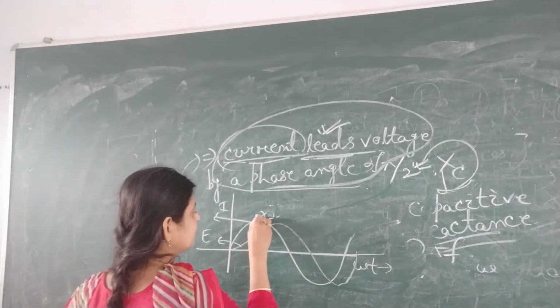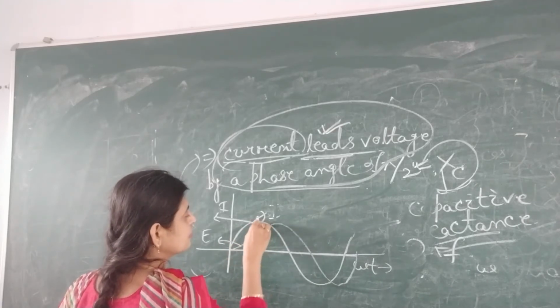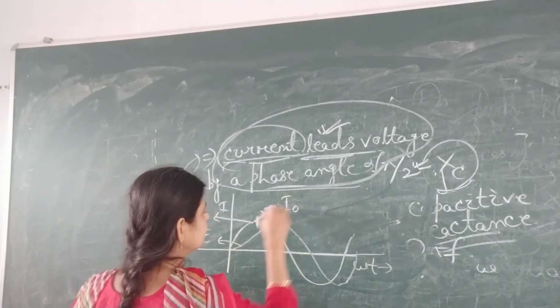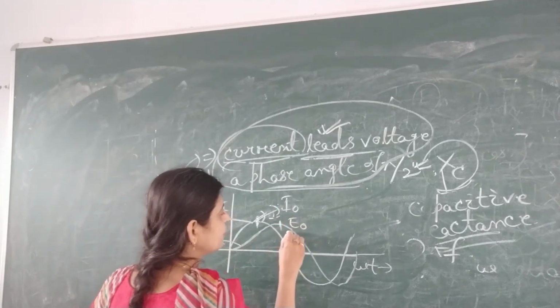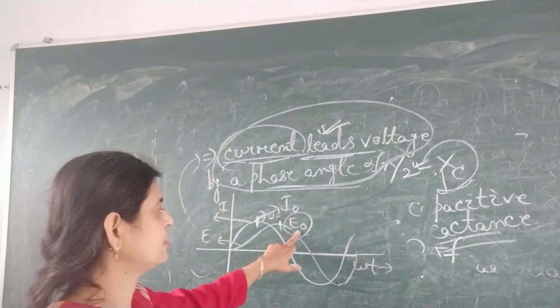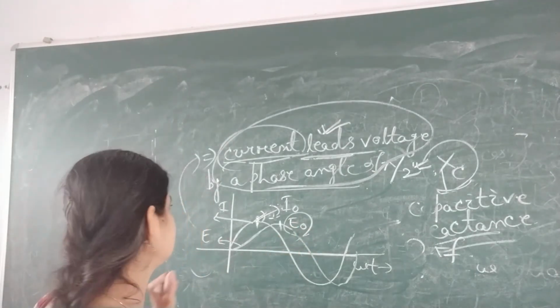If you mark the maximum value of current, then this is the peak value or the maximum value, that means I0. Similarly, here this point will be a maximum value of EMF, which is denoted by E0.